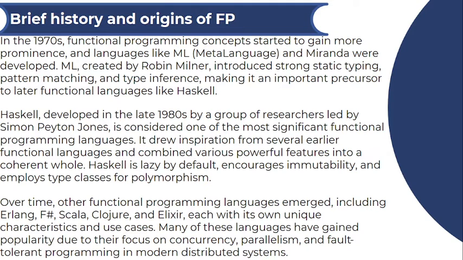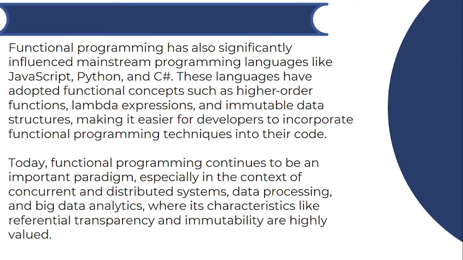Over time, other functional programming languages emerged, including Erlang, F#, Scala, Clojure, and Elixir, each with its own unique characteristics and use cases. Many of these languages have gained popularity due to their focus on concurrency, parallelism, and fault-tolerant programming in modern distributed systems. Functional programming has also significantly influenced mainstream programming languages like JavaScript, Python, and C#.